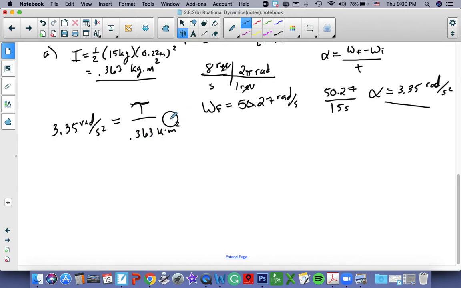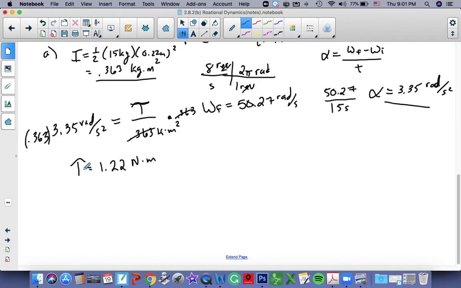Just multiply by it, 0.363. So that's gone. We have to multiply those two here. So 3.35 times 0.363, and we get a torque of 1.216, so 1.22, and that'll be Newton meters.